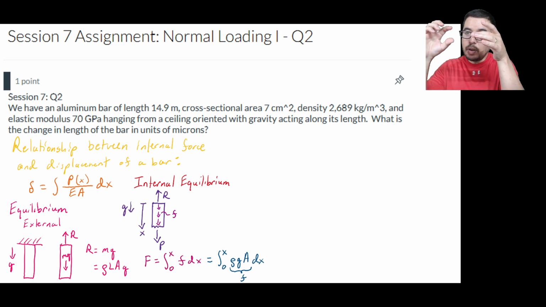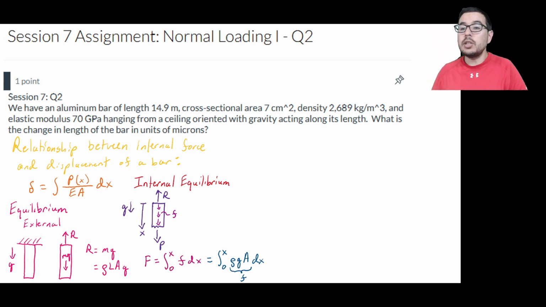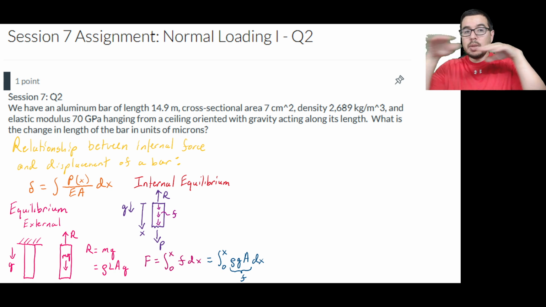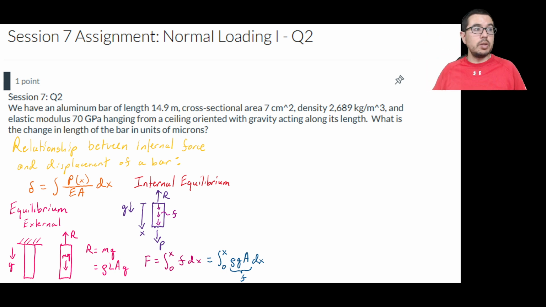And if I just make a little bit of height change there, I get a little dx. So this rho gA dx is going to be the incremental amount of force that happens from essentially a slice along this bar. And so I need to integrate it from 0 to the specified length where I took the slice.